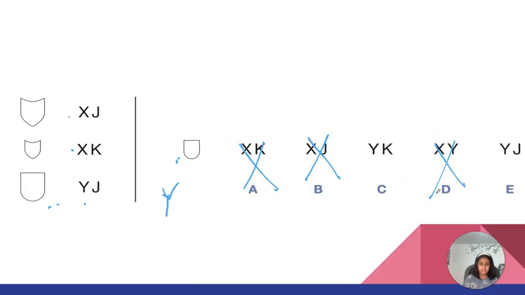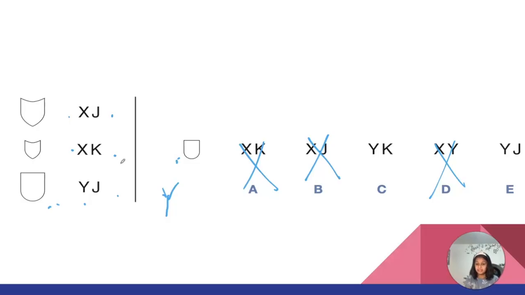Okay, now let's look at our second letter, J, K, J. What do you think is different between the middle one and the first two? Well, it's not shape, it's not shading, it's not number, it's not angles, and it's not position. Which one is it? Which one have I left out?